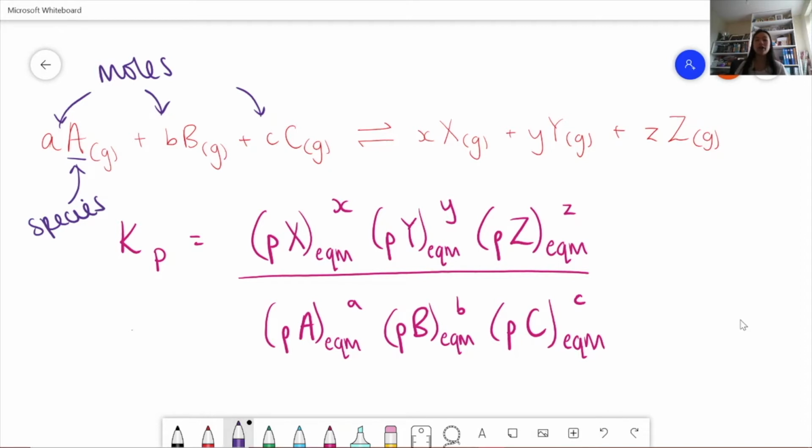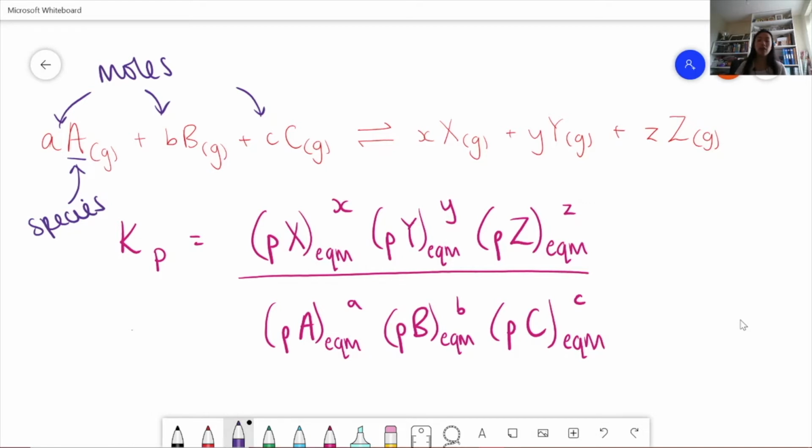And so we can form an expression for Kp. So Kp is equal to the partial pressure of the species X at equilibrium to the power of how many moles we have of it, multiplied by the partial pressure of the species Y at equilibrium to the power of how many moles we have of Y, and then multiplied by the partial pressure of Z at equilibrium to the power of how many moles of Z we have.